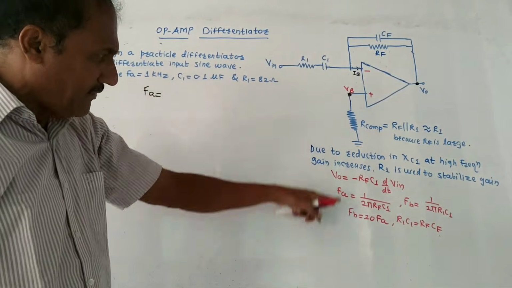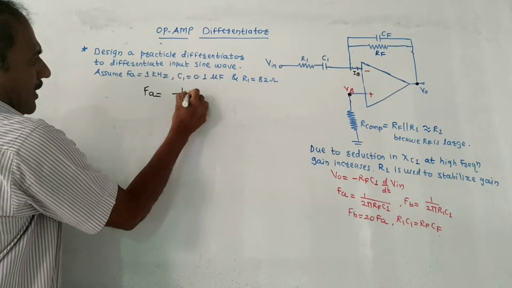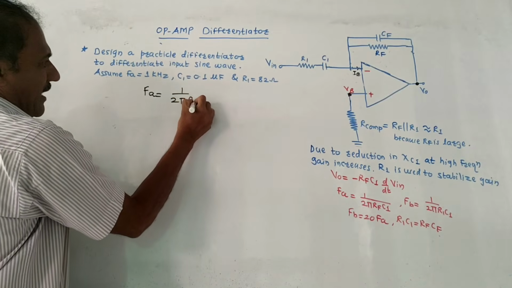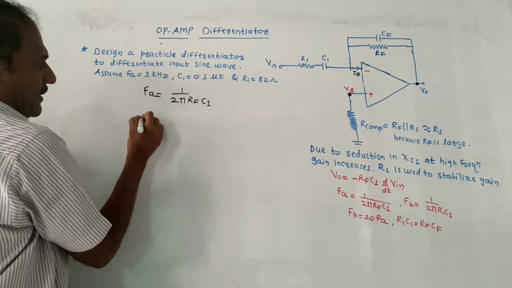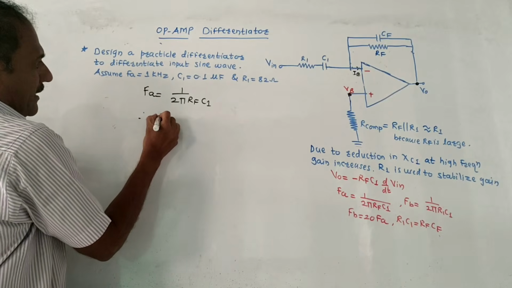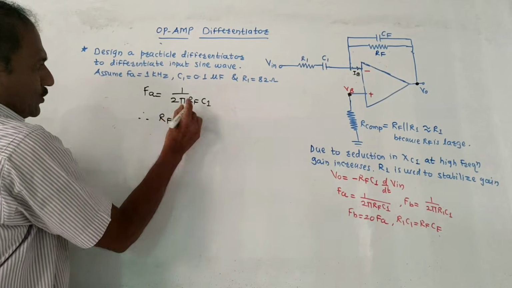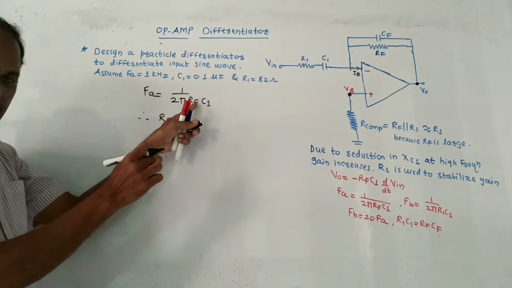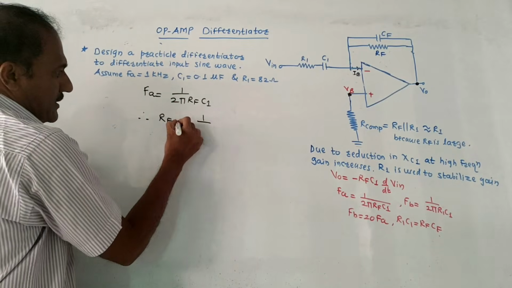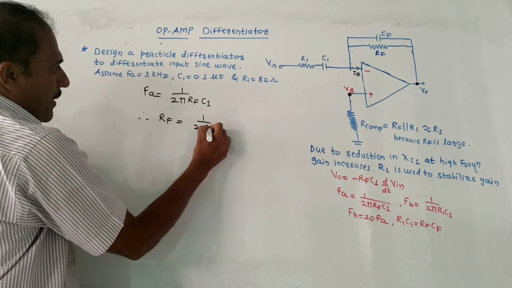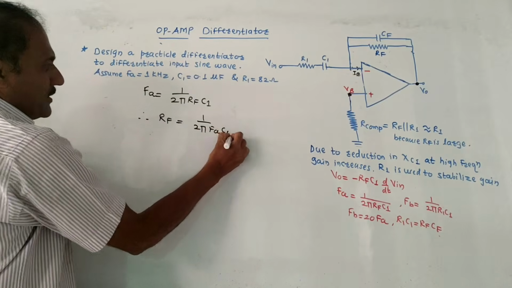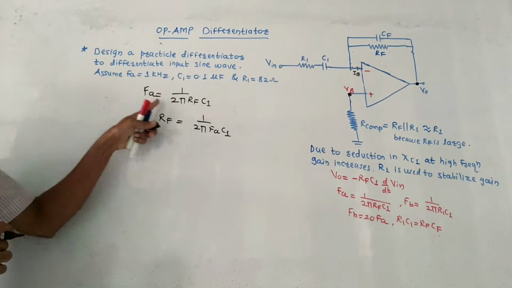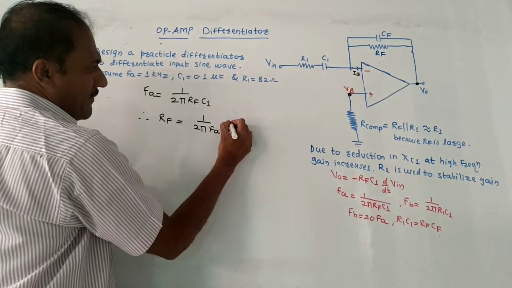I have written all the equations. So FA is 1 by 2 pi RF into C1. From this, I can write RF is equal to, we transfer RF here and FA to the RHS, which is 1 by 2 pi FA into C1. Very simple, RF and FA interchanged. So put the values.